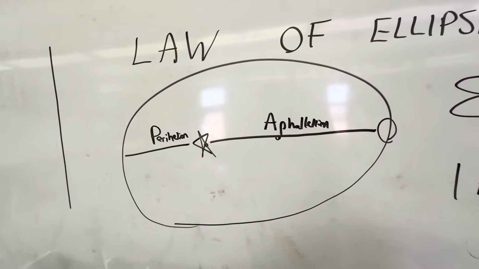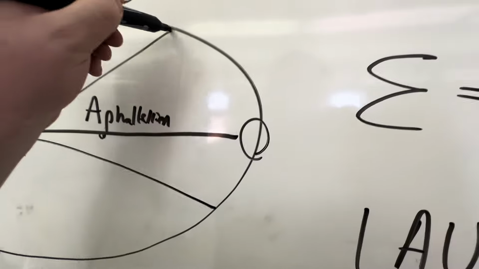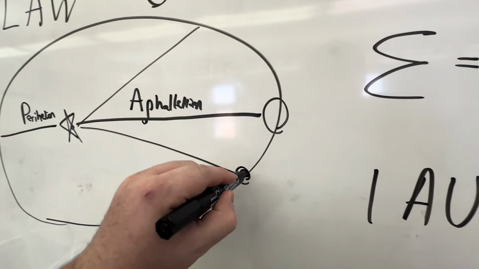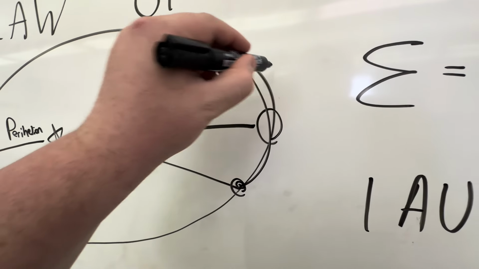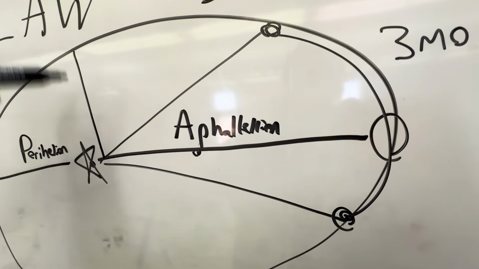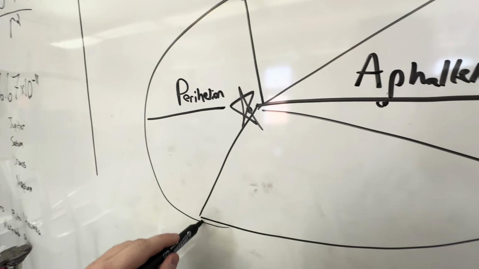His second law is called the law of area. We're actually not going to calculate it, but I'll show it to you real quick. Essentially, as a planet moves from, let's say, here to here, let's say that takes 3 months. And then over here, it orbits that far, and that also takes 3 months.